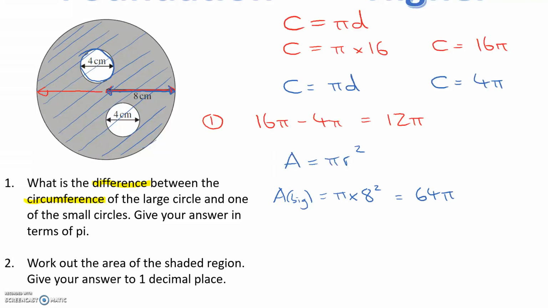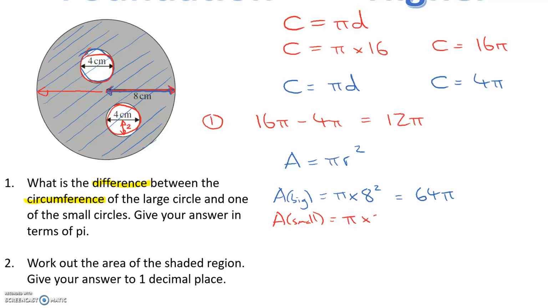Now let's do the area of one of the small circles. So we can put area small. We need the same formula, pi r squared, pi times the radius squared. Now we need to be careful, because the radius of one of these small circles is not the 4, is it? The radius is 2. The 4 was the diameter.